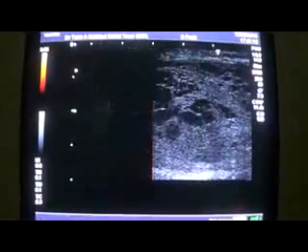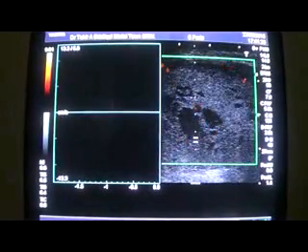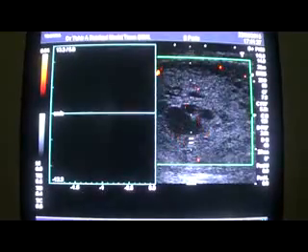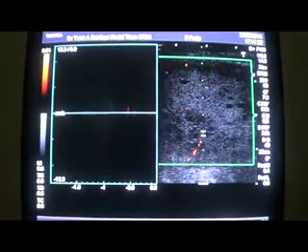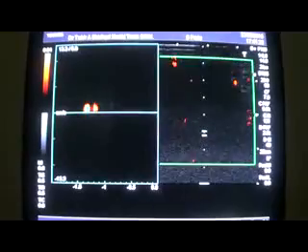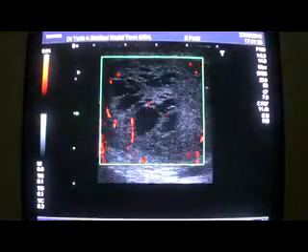Be patient. Patience is required in ultrasound; you can't hurry up with everything. Let's see if we can get some arterial supply.